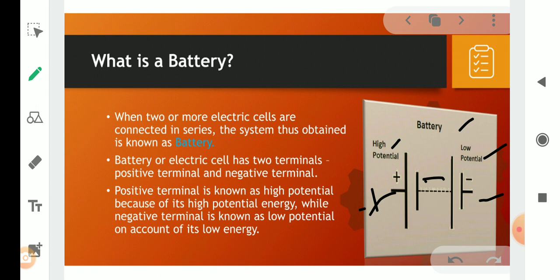The positive terminal is known as high potential because of its high potential energy, while the negative terminal is known as low potential because it has low potential energy.